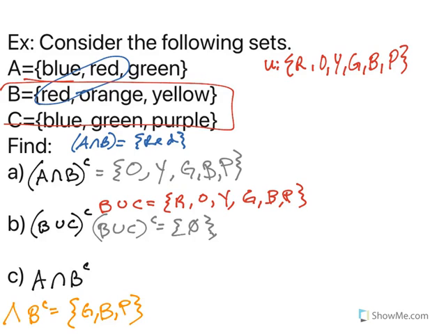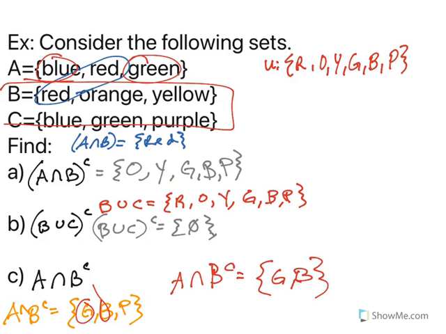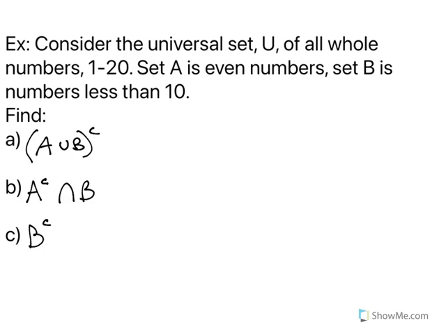Okay, so we're comparing A and green, blue, and purple. So what do A and the complement of B have in common? Well, they have blue and green in common. So green and blue. And that would be A and B complement.